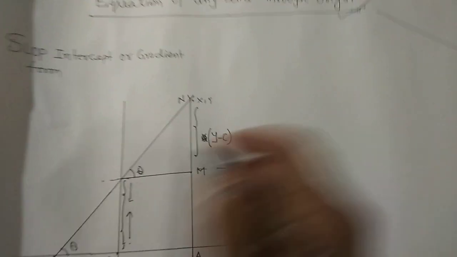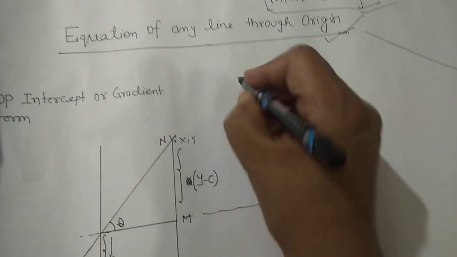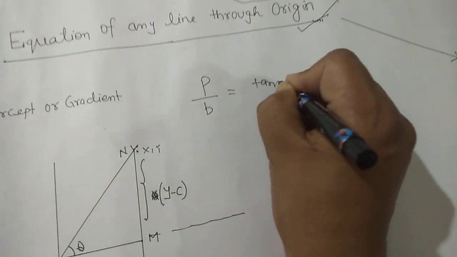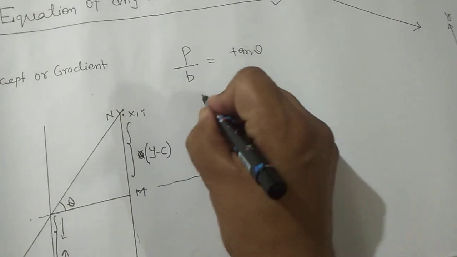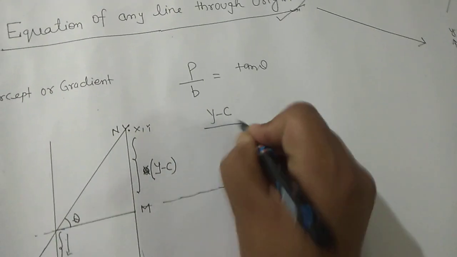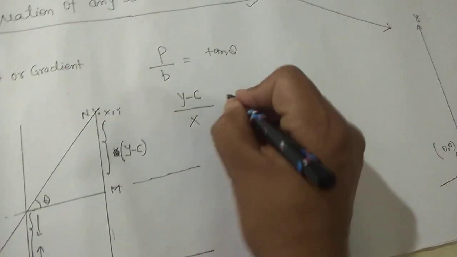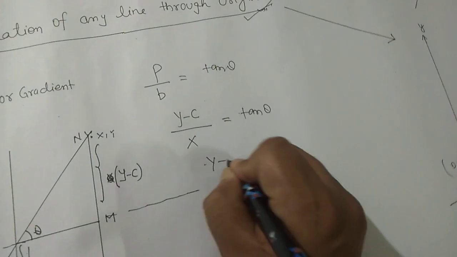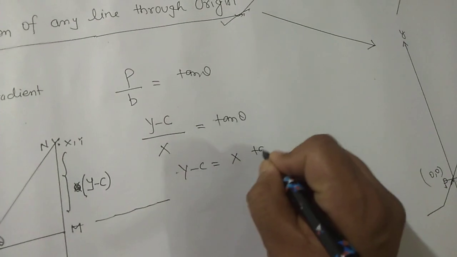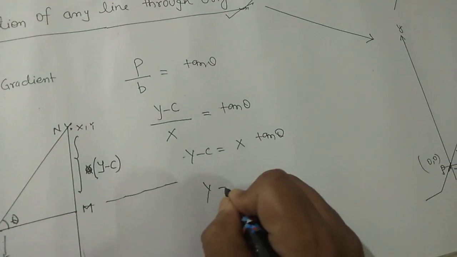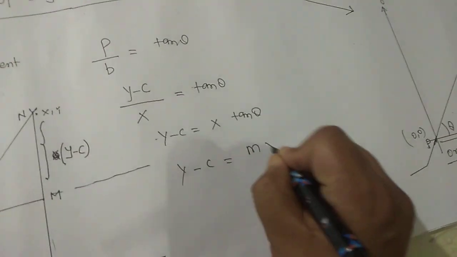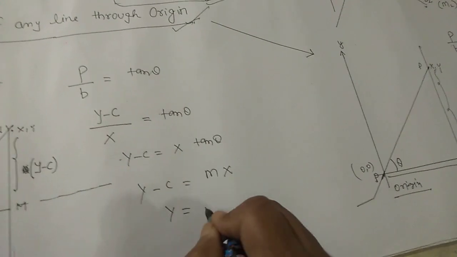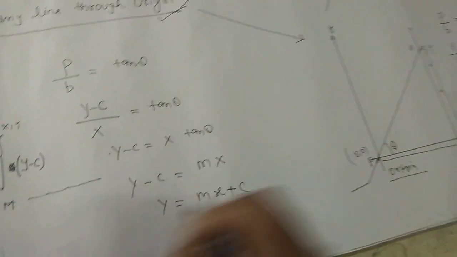So what equation will we form here? Perpendicular by base is equal to tan theta. The perpendicular distance is y minus c. The x distance always remains constant. So tan theta is y minus c upon x, so y minus c is equal to x tan theta. Y minus c is equal to mx, as tan theta is equal to m. No confusion. So y is equal to mx plus c.